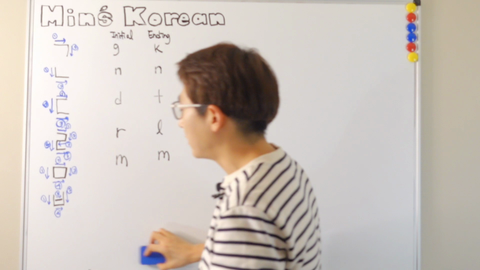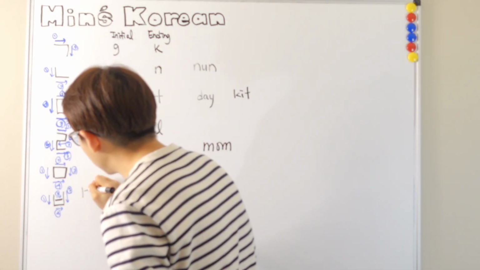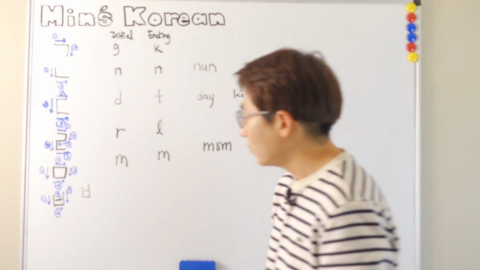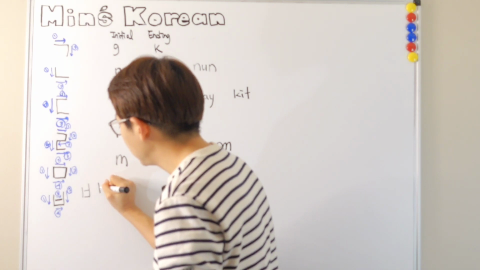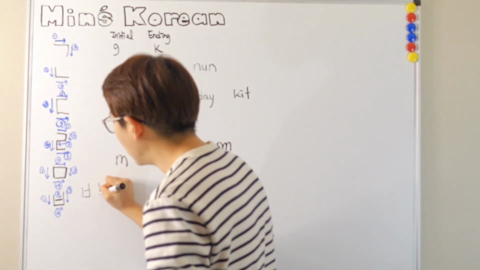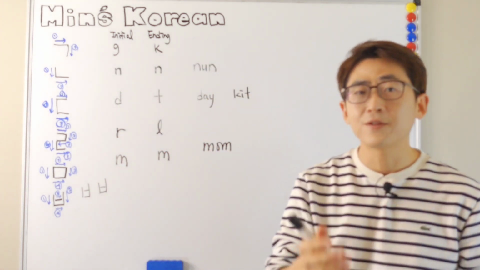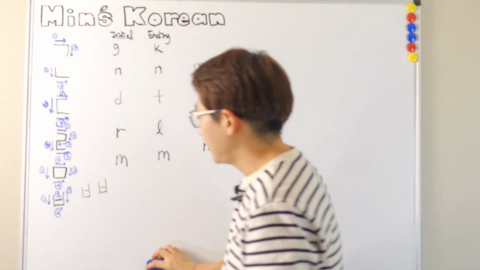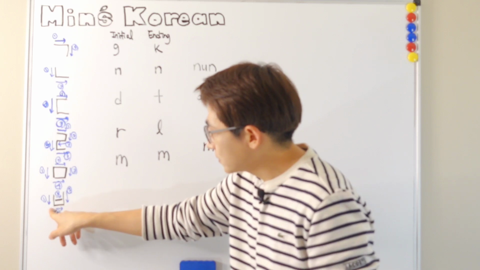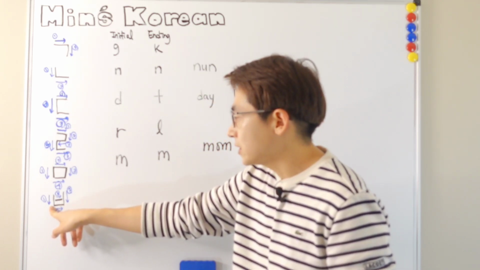There's another way of writing this one, so you can go 1, 2, 3, and 4. However you like it, okay? But remember, the first vertical line is always a little bit shorter than the second one.